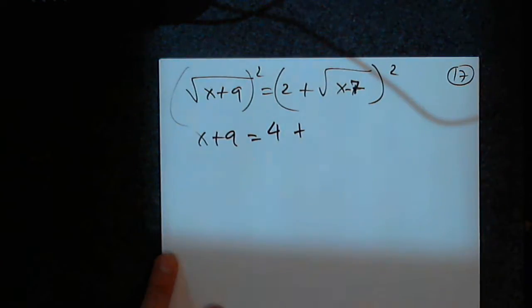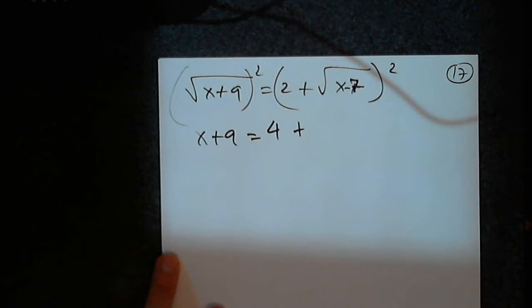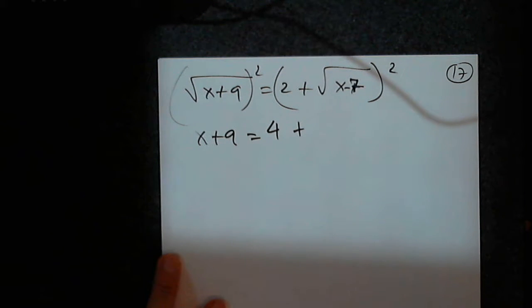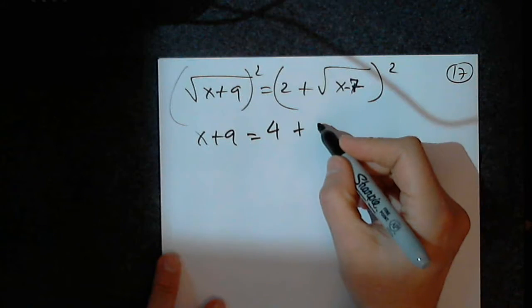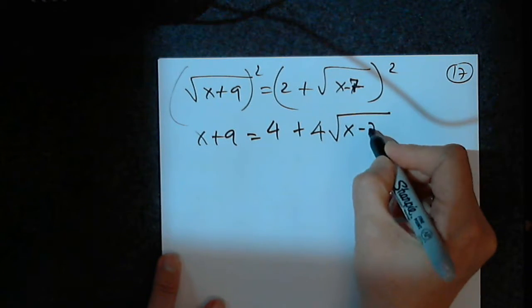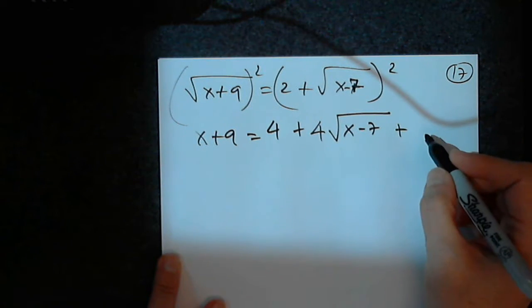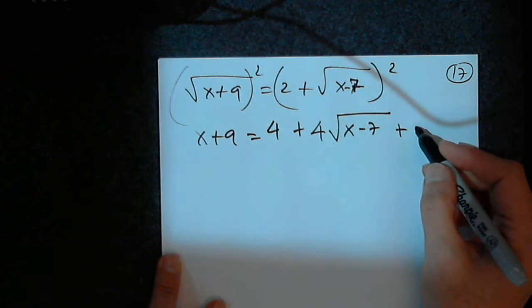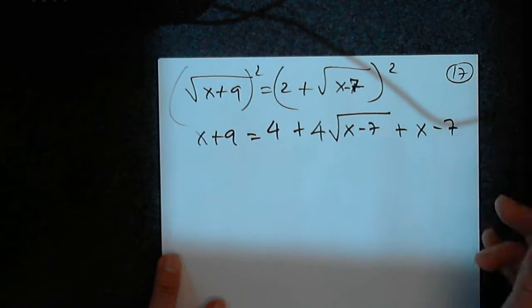So 4, x minus 7, plus 2 times 2 times the square root of x minus 7. So it'd be 4 times the square root of x minus 7. And then x minus 7.